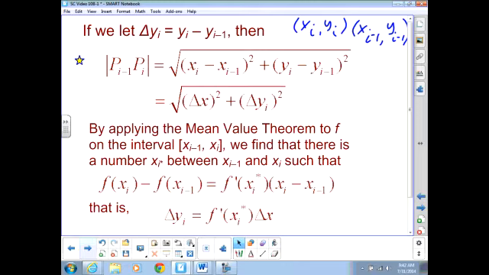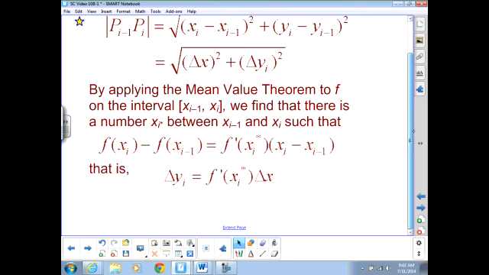Your x minus x is just your change in x, delta x, and your y minus y is just your change in y, delta y. We've seen that the point-slope form of an equation is y minus some y1 equals your slope times x minus x1.